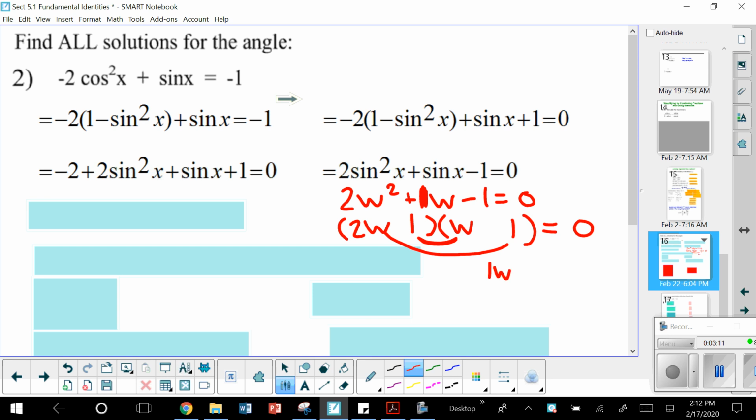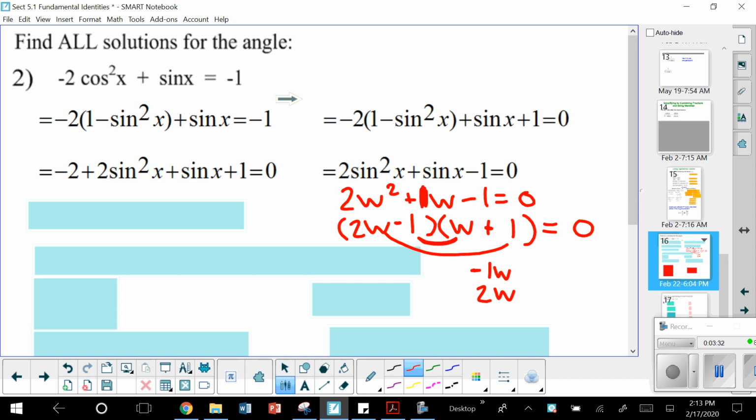When I multiply the outside, I get 2w. One of them has to be positive and one negative. The only way for me to get a +1 when I add these is to give that middle guy the negative. So the negative sign goes there, and the positive sign goes there. And I can factor like normal from here.